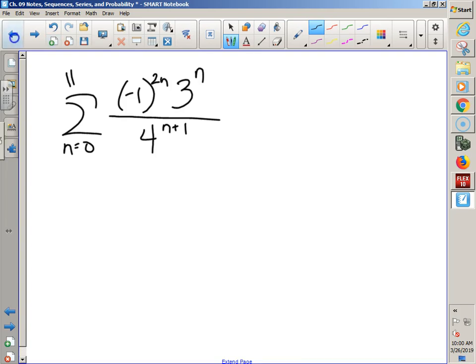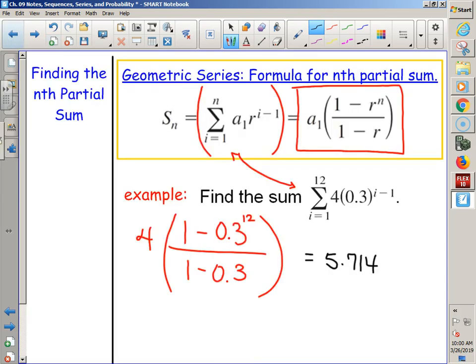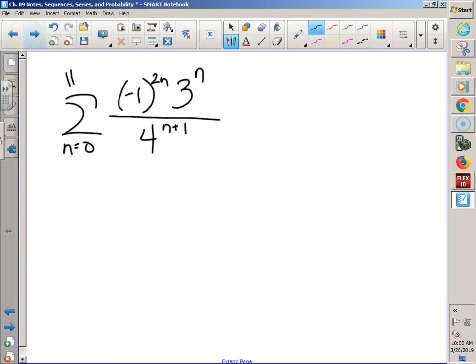Does it look exactly like this? How could we know if something is a geoseries or not?